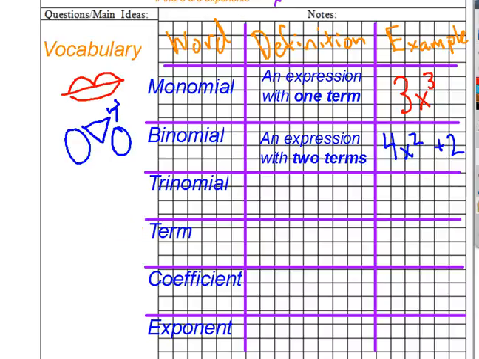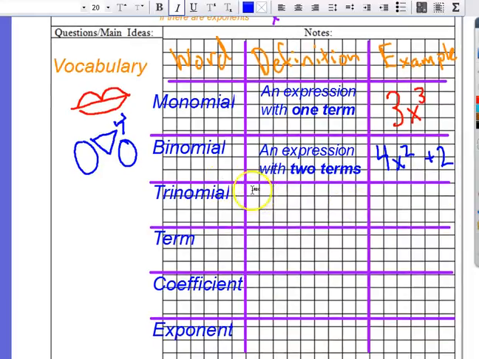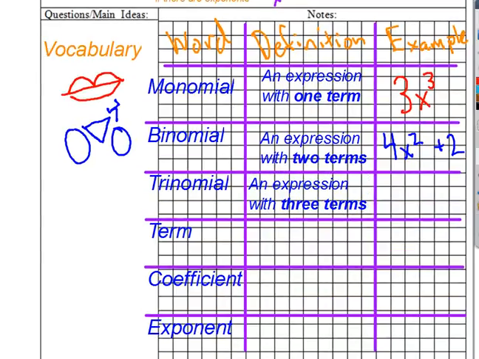A trinomial is obviously an expression with 3 terms. And each one of them has to have a different little number on top. Each one of the 3 terms has to have a different exponent.